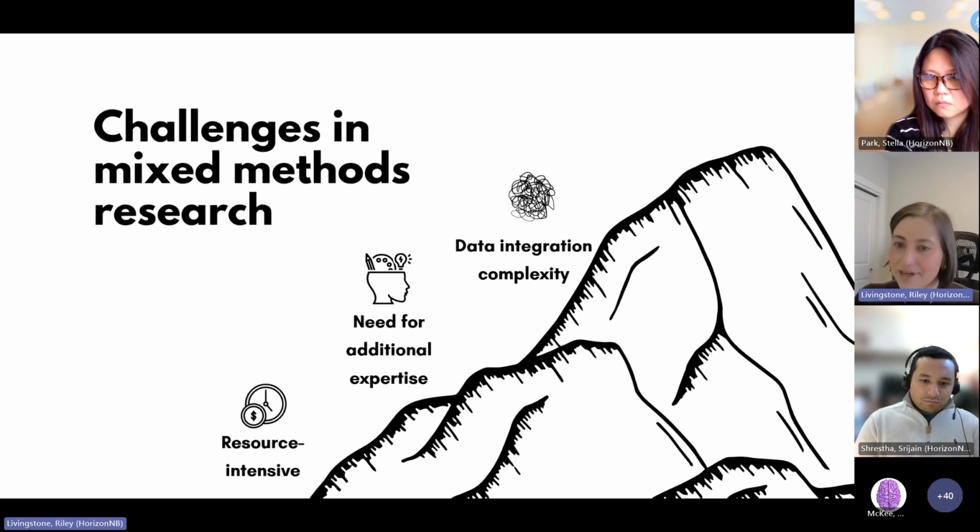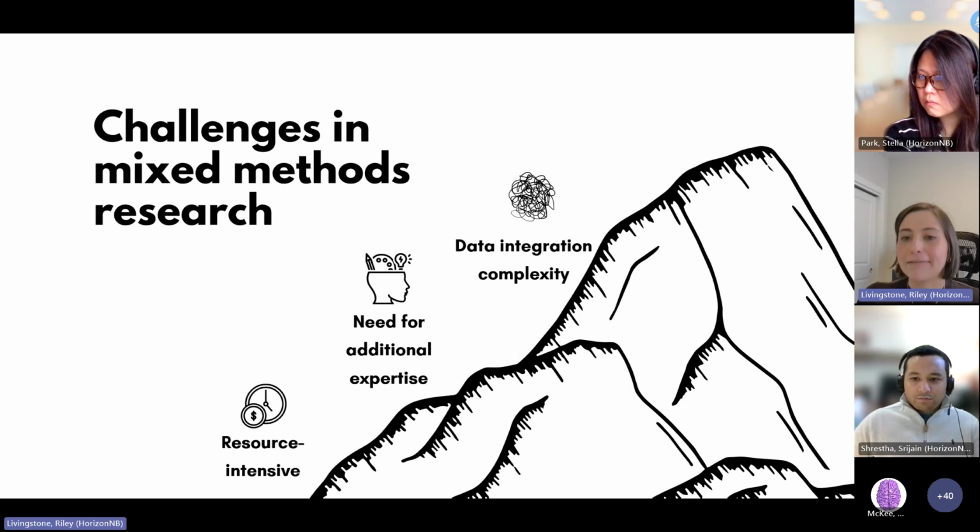There's also the matter of data integration. Integration is at the heart of mixed methods. It's where the two approaches come together to create something more meaningful. Integration is quite complex and can take several forms and happen at multiple points of the mixed methods project.